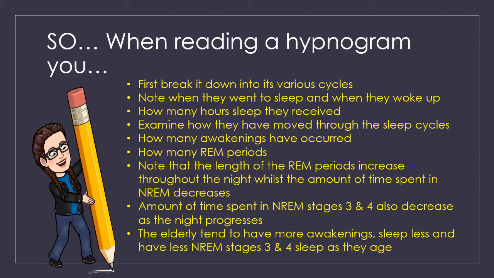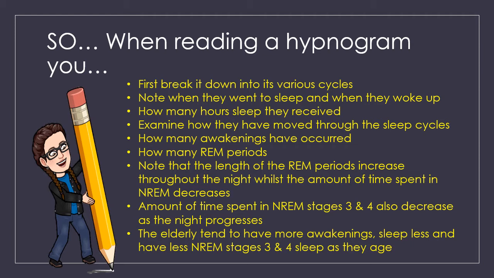Note that the length of the REM periods increase throughout the night, whilst the amount of time spent in NREM decreases. So you should keep track of that. So as the night progresses, you have more REM sleep. And because you're having more REM sleep, you're going to have less NREM sleep. The amount of time spent in NREM stages 3 and 4 also decreases as the night progresses.